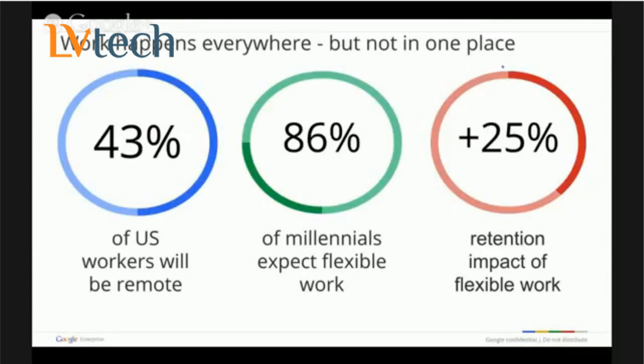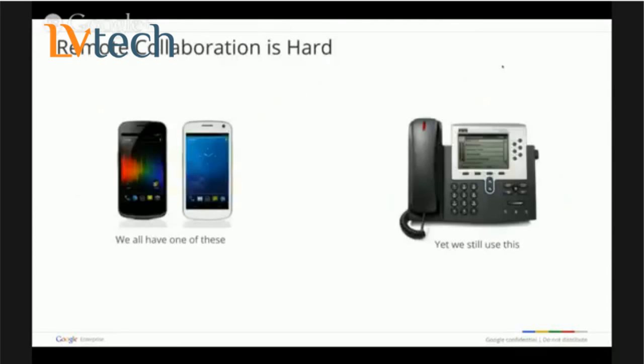So there's just a really significant trend in terms of teams being in different physical locations and really needing tools to support them effectively in getting their tasks done. But as we still see today, remote collaboration is harder than it should be. We all have these devices in our pockets or in our bags. These devices have all of the hardware that you need, but we still see a ton of use of the telephone.